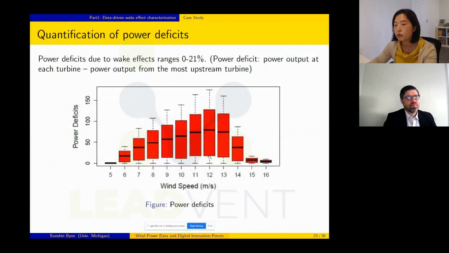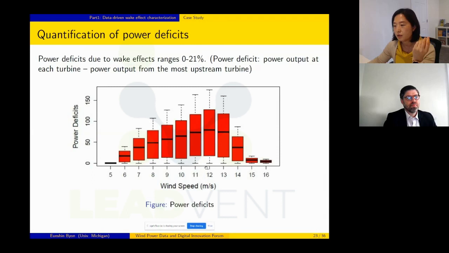And this figure shows the power deficit of all turbines in this wind farm. We can see that the power deficit due to wake effects really varies across wind speed. When wind speed is small or large, there is no big difference among turbines.